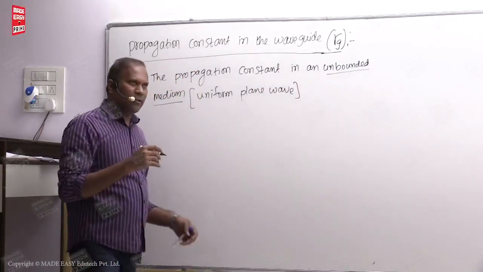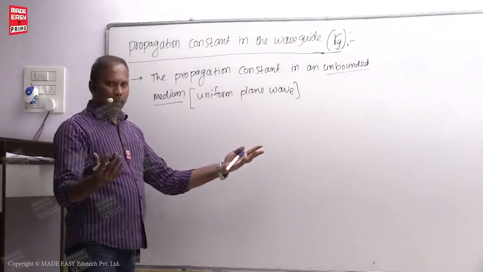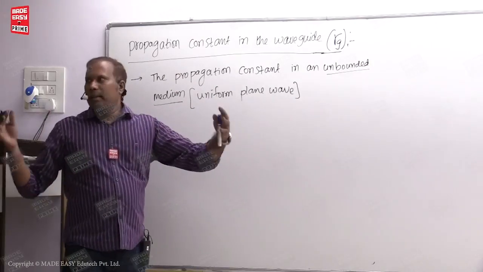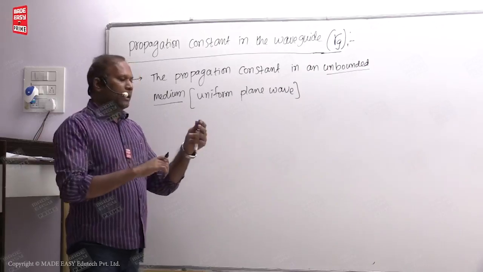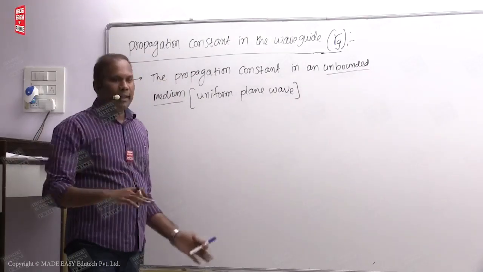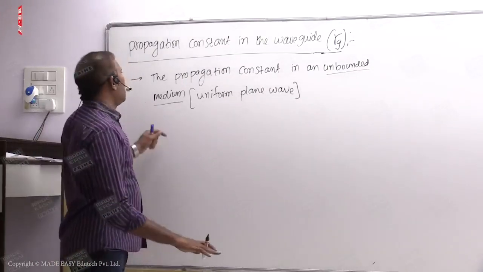Medium means, for example, air medium, dielectric medium, and around this medium there are no conductor surfaces. So if this is an antenna and I send a signal here, it can go up to infinity. This is called unbounded medium. There are no conductor surfaces.